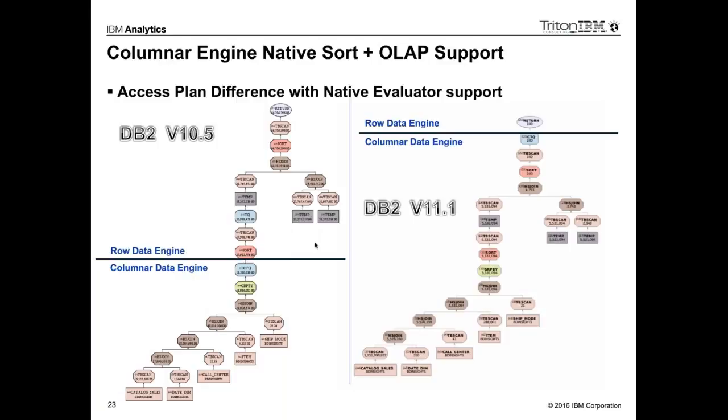Have you guys done any results in the lab to show single partition BLU, a single instance running on a single node with no DPF, versus BLU with DPF? That's a good question. I don't think we've done anything like that, but I'll certainly research it for you.